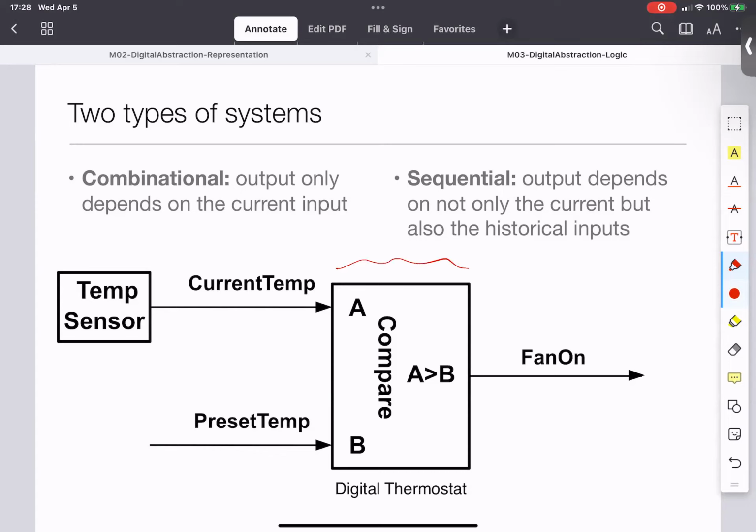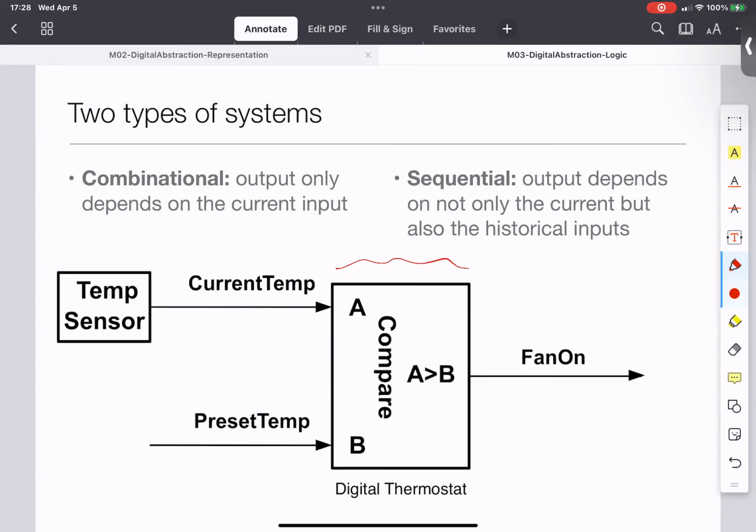And all it is doing is a comparison operation, right? If the user were to change preset temperature, this thing will change accordingly immediately, right? So the output in this case is strictly a function of current value of A and current value of B, not what we saw previously.